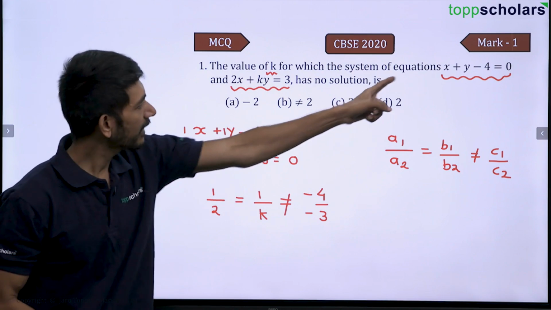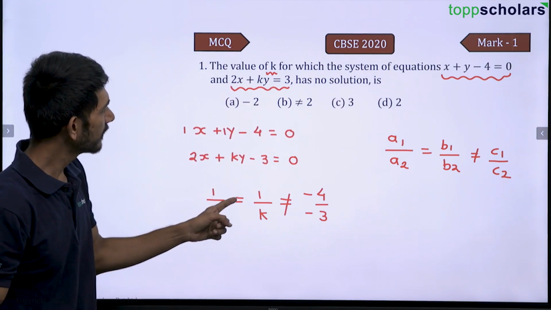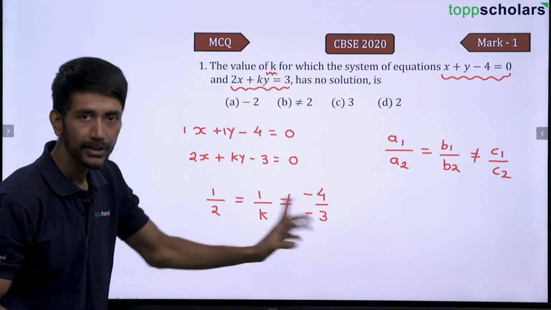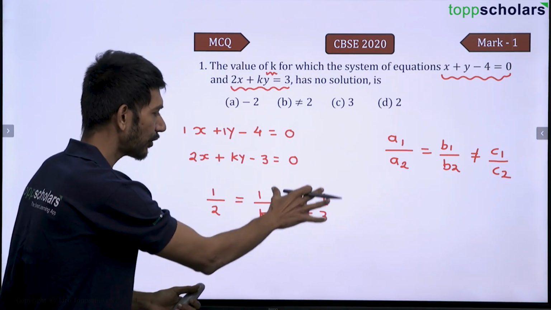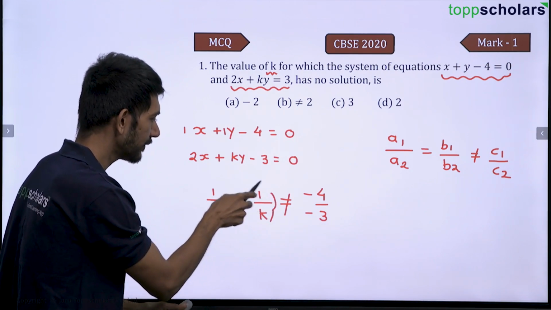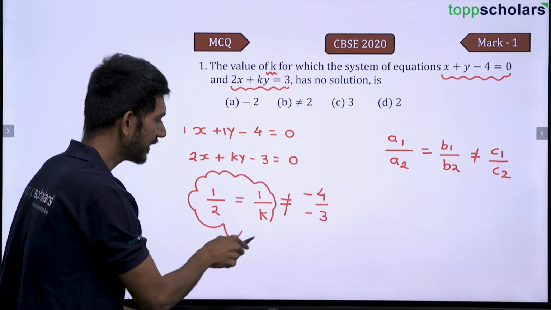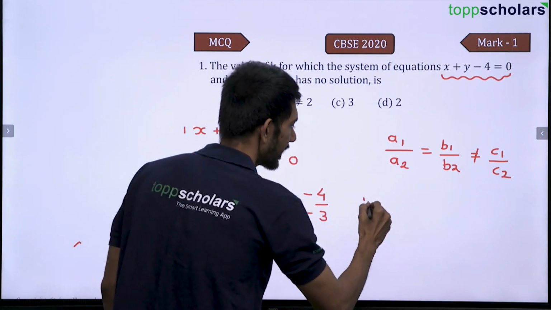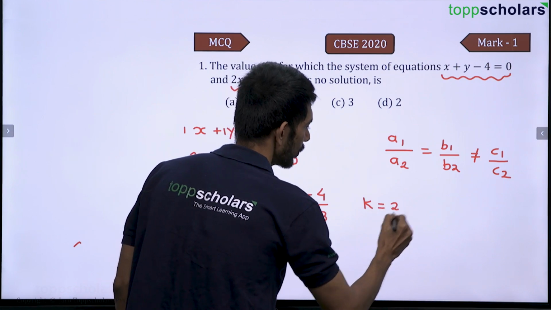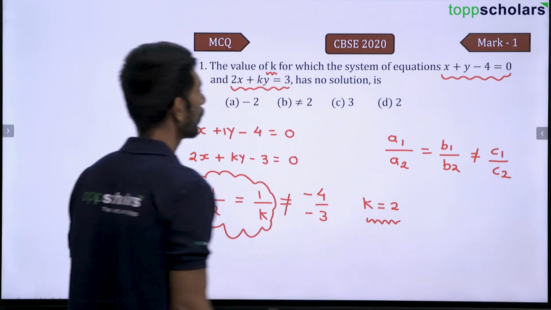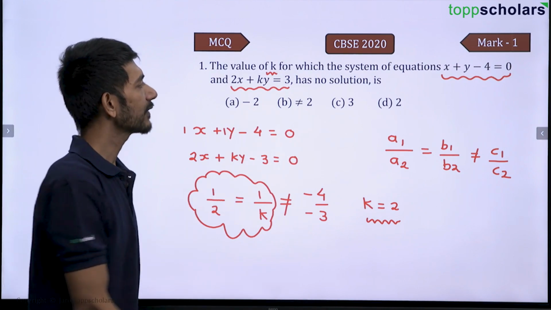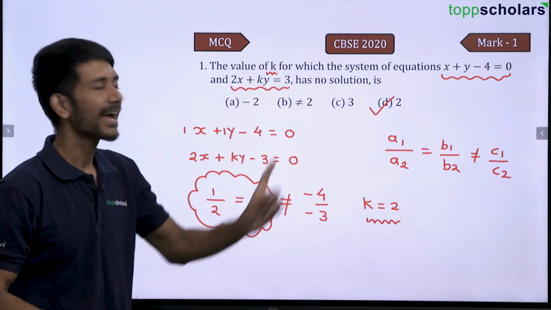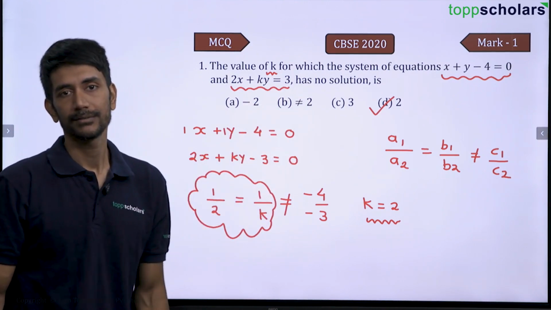Check again. a1 by a2, that is 1 by 2, is equal to b1 by b2, that is 1 by k, is not equal to c1 by c2. Anyways, this is not equal, but these two are equal. So if I equate these two, I can take k here, 2 here. So I get k is equal to 2. The value of k must be 2, so that these two equations have no solution.